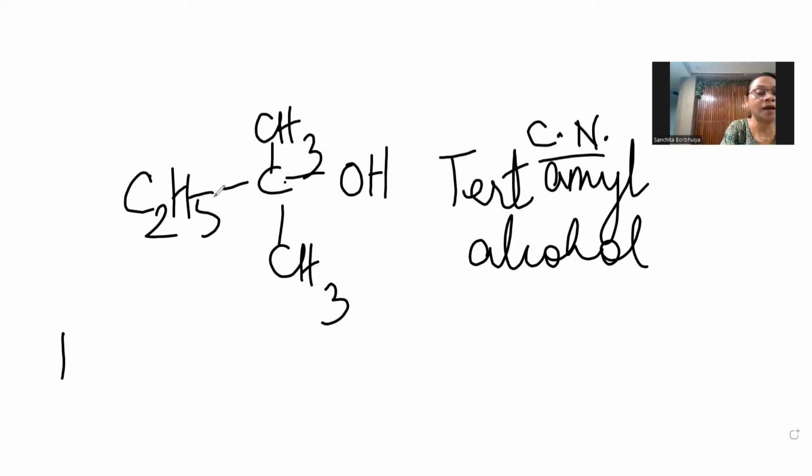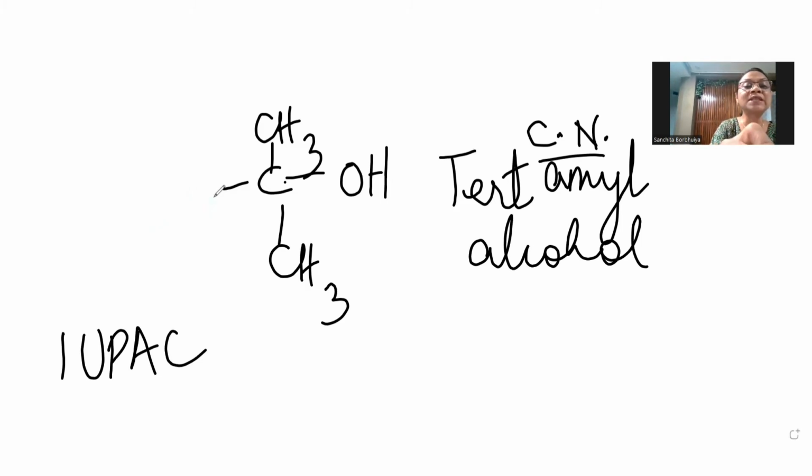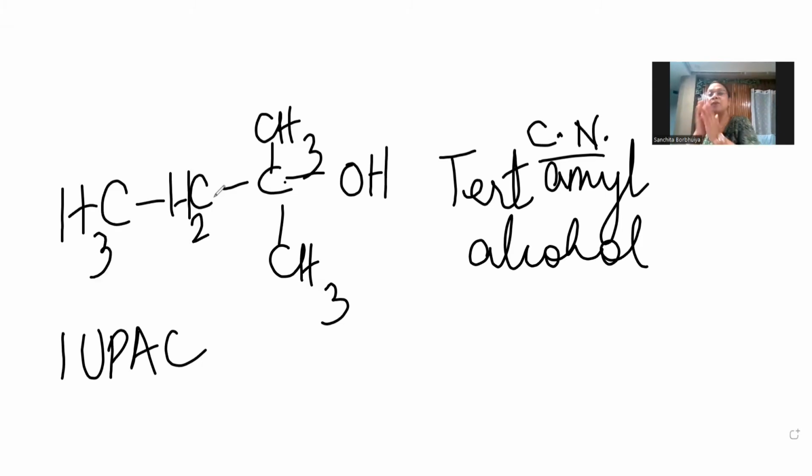And the IUPAC name of this compound: whenever you write IUPAC with an ethyl, please do not forget to split. Whether it is ethyl or propyl, break it down. If you break it down, then you never go wrong with the IUPAC names. Otherwise everything can go wrong. So where do we count from? 1, 2, 3, 4. Why?